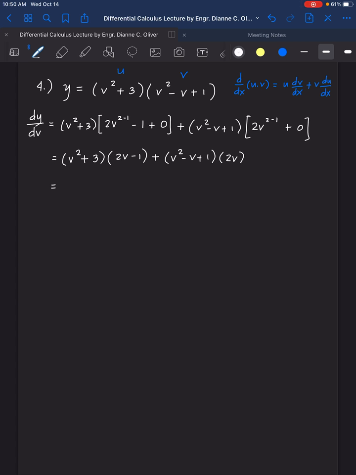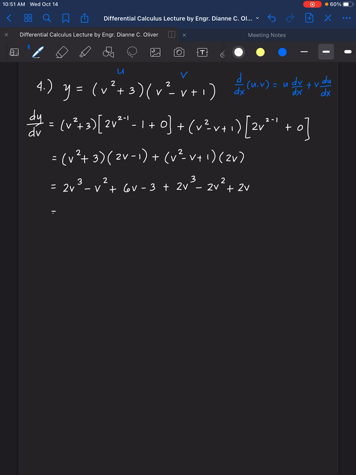So b squared times 2b, 2b raised to 3, b squared times negative 1, so negative b squared, plus 3 times 2b, that is 6b, then 3 times negative 1, that is negative 3, plus 2b cubed minus 2b squared plus 2b.